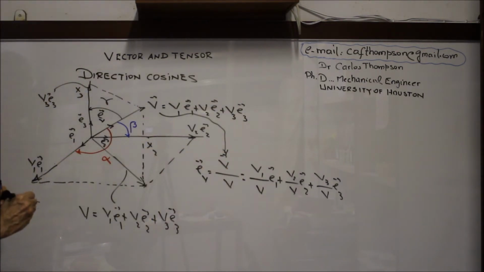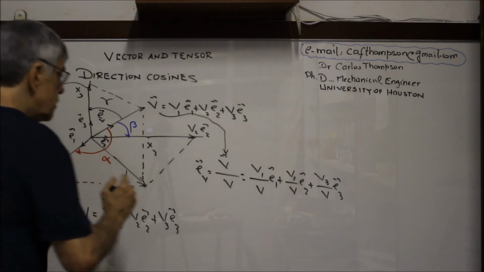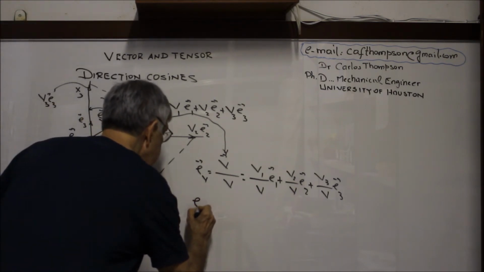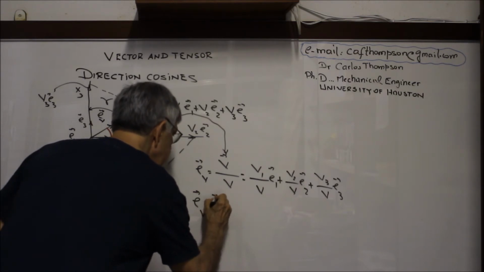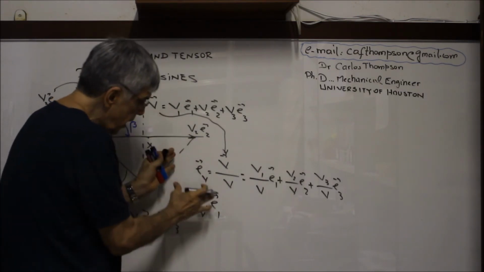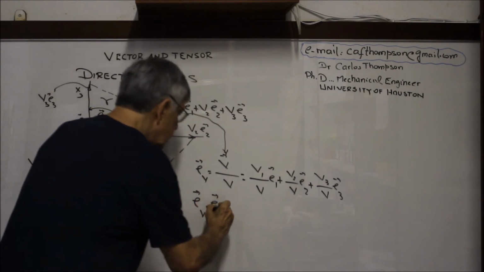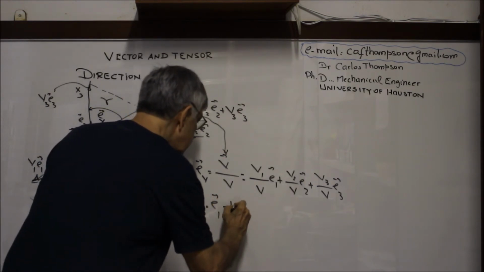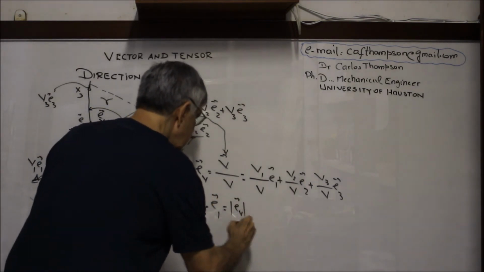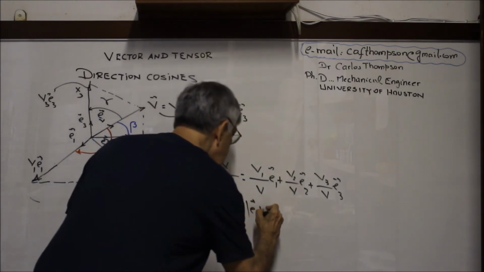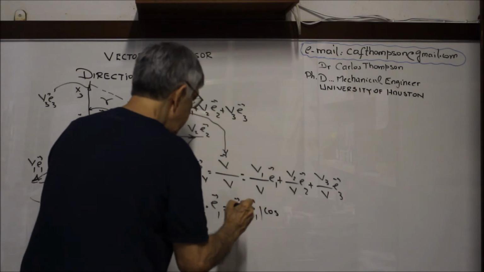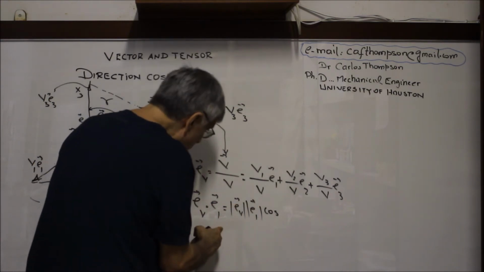Now, I would like you to think with me. What is the value of EV dot E1? Don't look at that, just here. This is the magnitude of EV times the magnitude of E1 times the cosine between EV and E1.